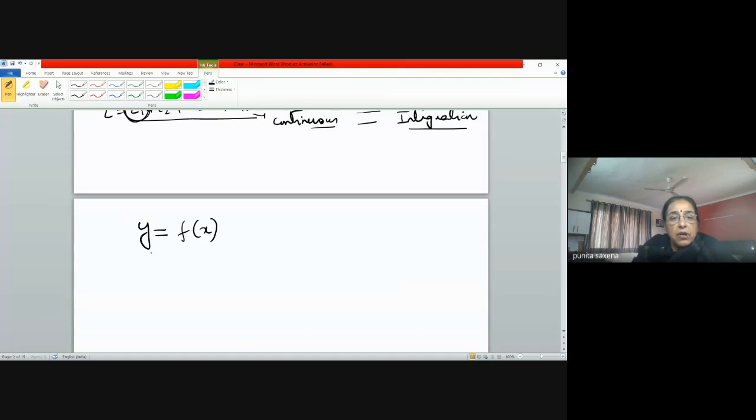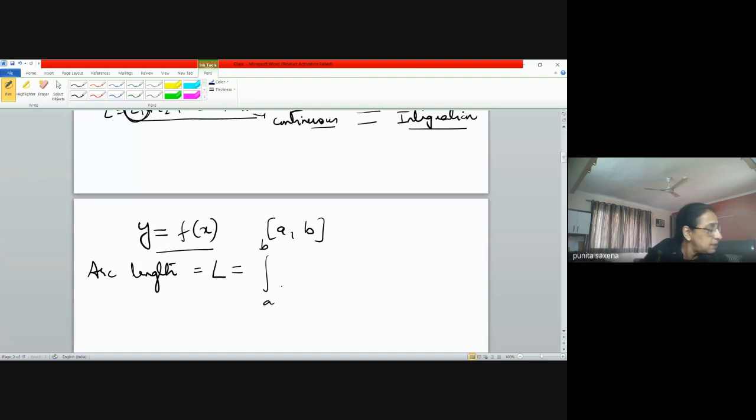Okay, so if your curve is y equal to f(x) type, that means your y is explicitly expressed as a function of x, and this is a smooth curve defined on the interval [a, b], then the arc length or the length of the curve, which we denote by L, is given by integral a to b under the root 1 plus f dash x square dx.